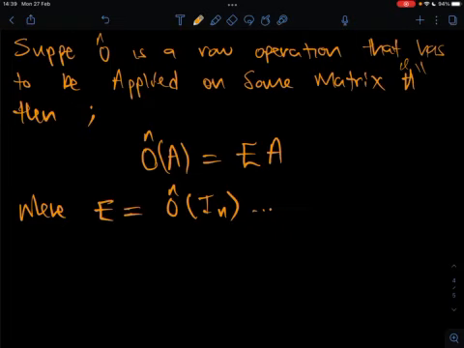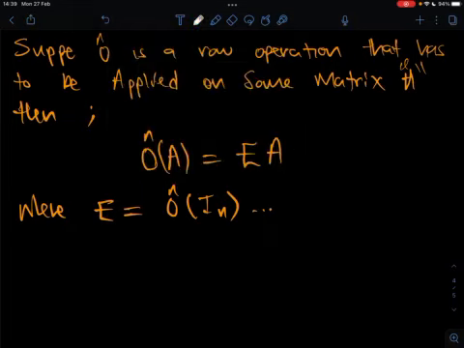Which means every time you want to perform a particular row operation on matrix A, the best way is to first create an elementary matrix that stands for that operation, and then multiply matrix A on the left to perform the operation.